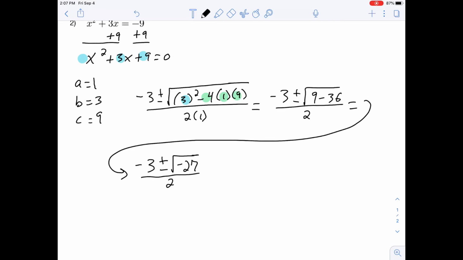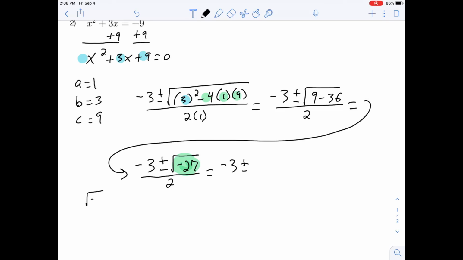So now again, we have to look at this radical and say, can we simplify that? And the answer is yes. So again, simplifying radicals is a different video. I'm just going to give you the answer and show you how to simplify. So the negative inside the radical is i, and then the square root of 27, I can write it over here.